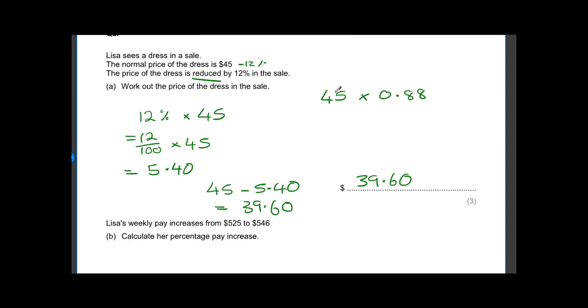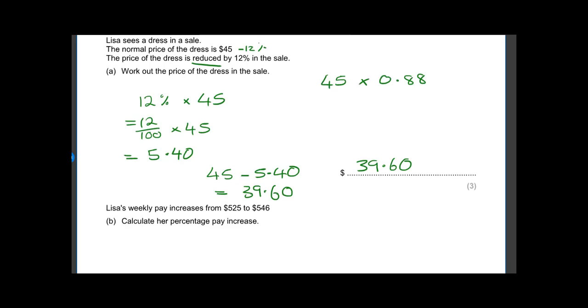Alright, 8 times 45 is 360, and then a tenth of that is 36, so you have 3960, and you divide by 100. Anyway, that's how you do it.